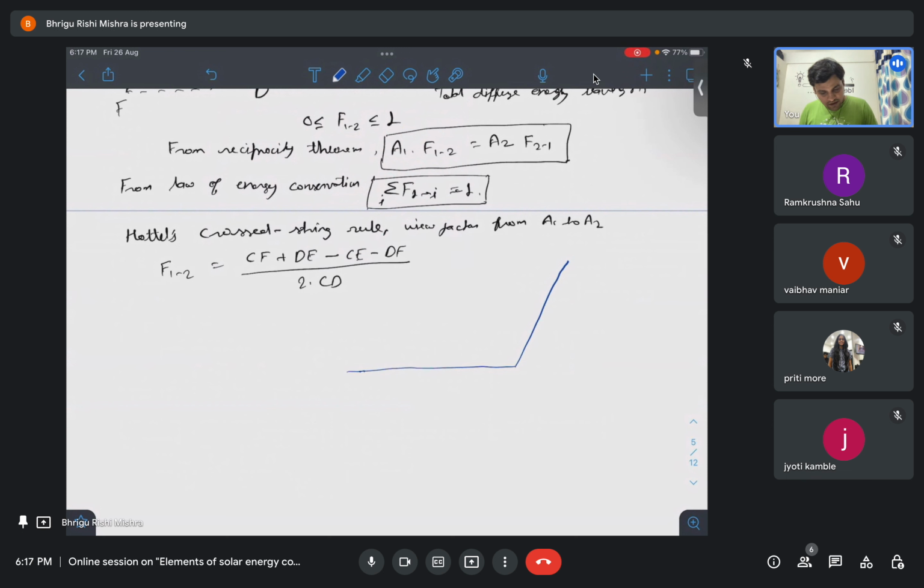I can take the collector as C and D, and I can take the ground like this. This ground point is F and this is E. Here D and F are very close, that means we can say both are coinciding.